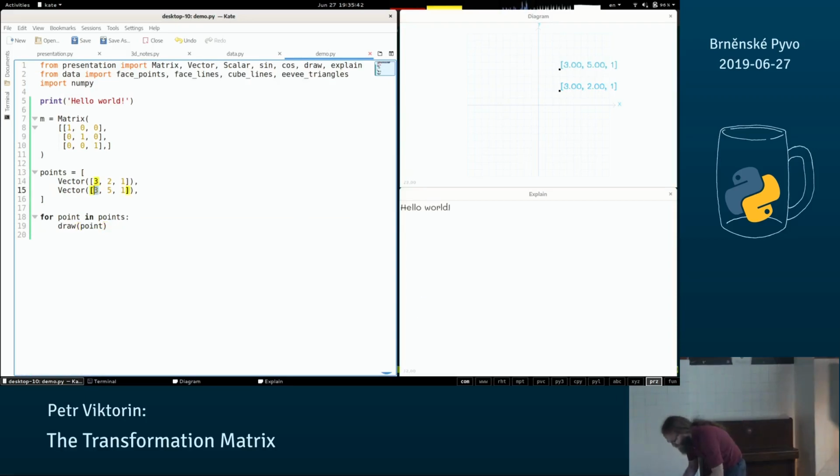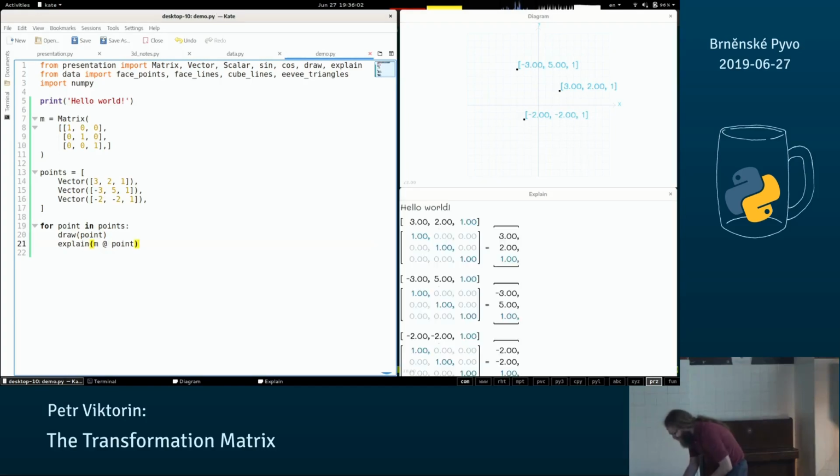Okay, let's move this a bit so we can see where these points are. Three different points. I will explain how the matrix is multiplied by that, and I will actually draw an arrow from a point to wherever the matrix takes it.